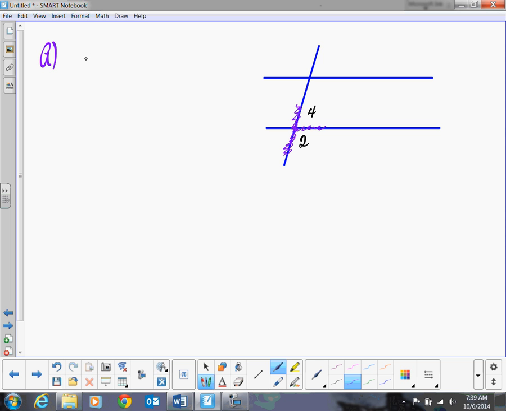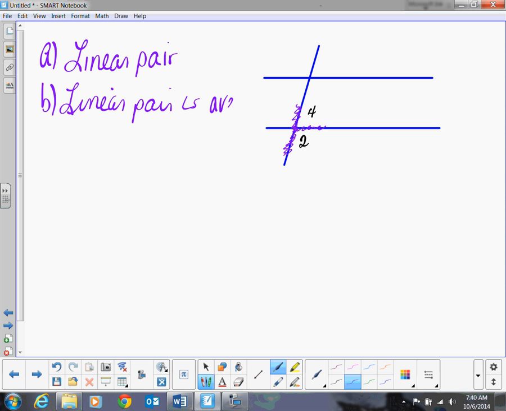Find your foldable. They're a linear pair. You got some studying to do. All right. So I need to see that you know that it's a linear pair. Then I need to know the justification. Linear pair angles are supplementary.